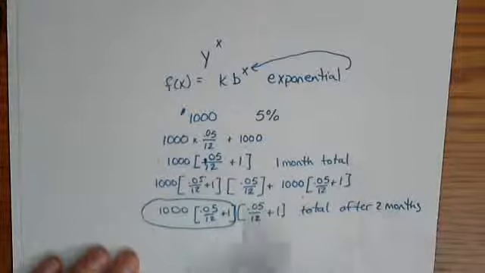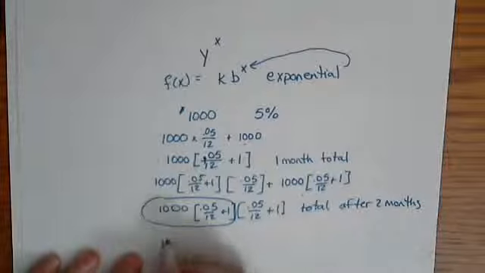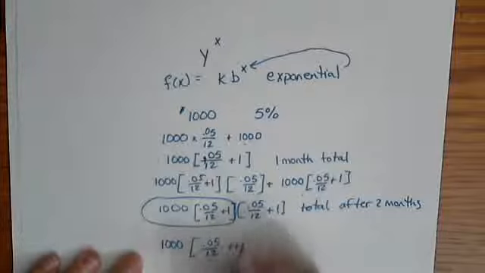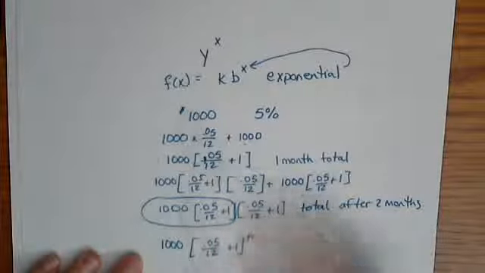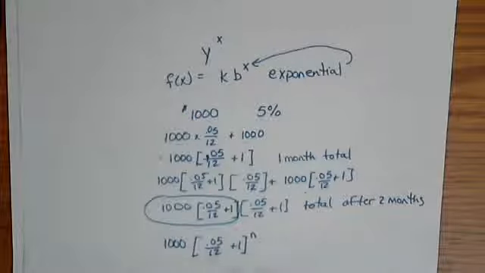After 3 months, I'm just going to be multiplying this whole thing by the stuff that's inside the brackets again. And after 4 months, I'm going to be multiplying that whole thing by the stuff that's inside the brackets again. So a shortcut way of figuring that out would be to multiply the 1,000 times the 0.05 over 12 plus 1, to the n number of months that I'm going to have it.